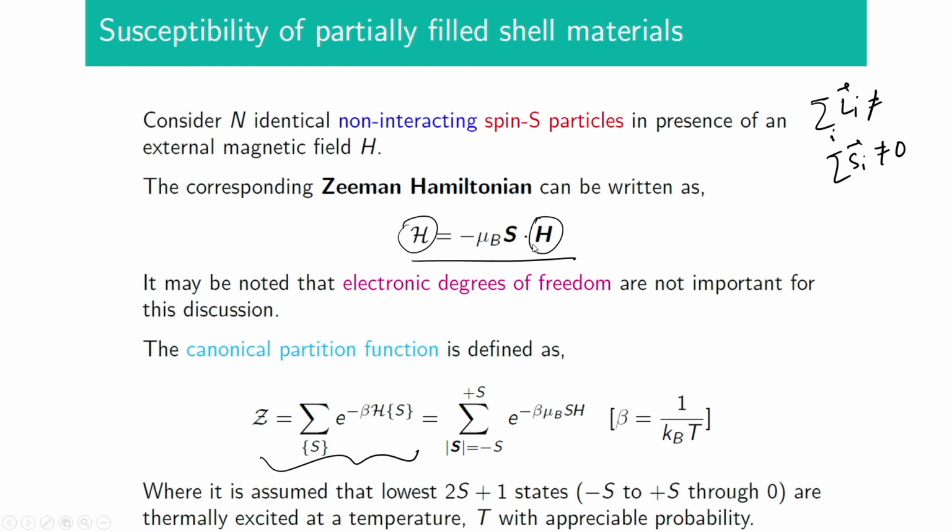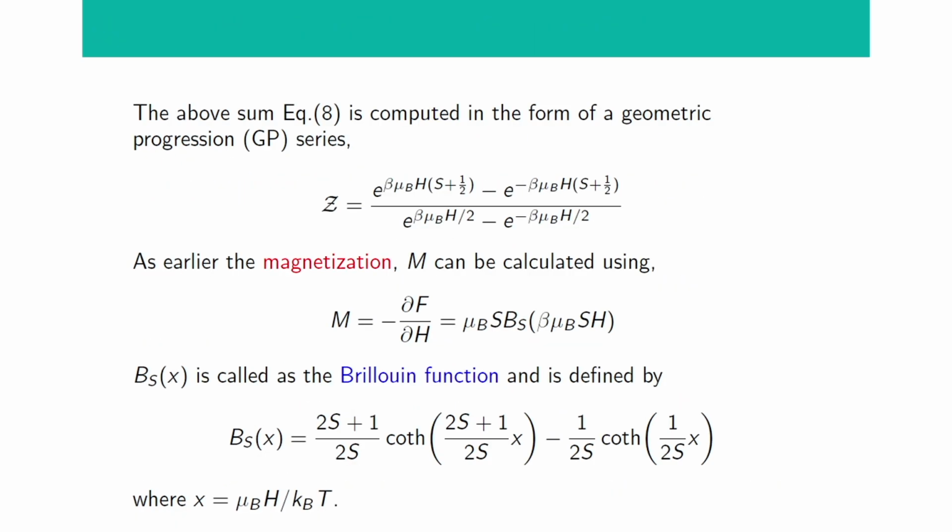So, this sum actually goes over 2S plus 1 states from minus S to plus S, and at a given temperature T, all these states are thermally excited with appreciable probability.